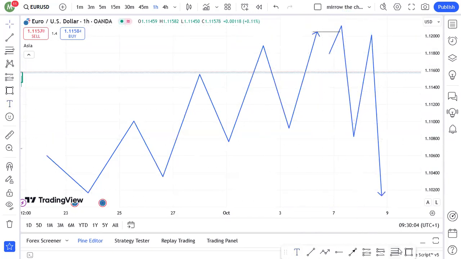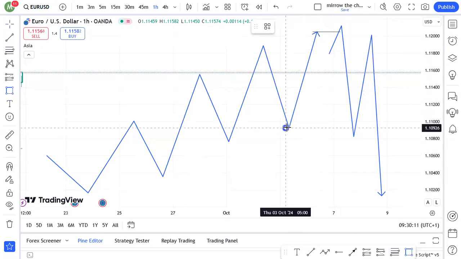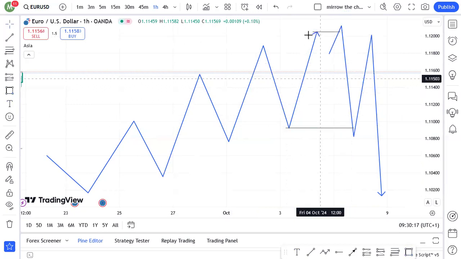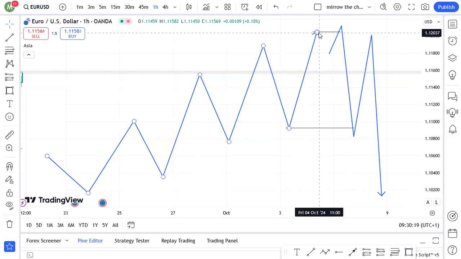Price grabbed liquidity from this high and broke structure to the downside. Let's assume that this was a Friday high.